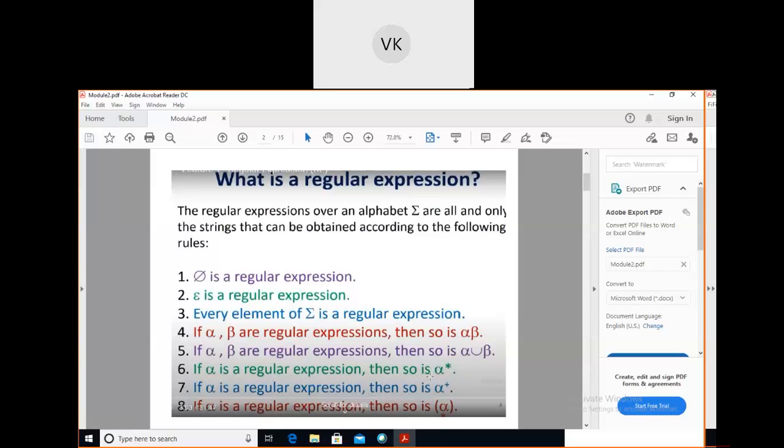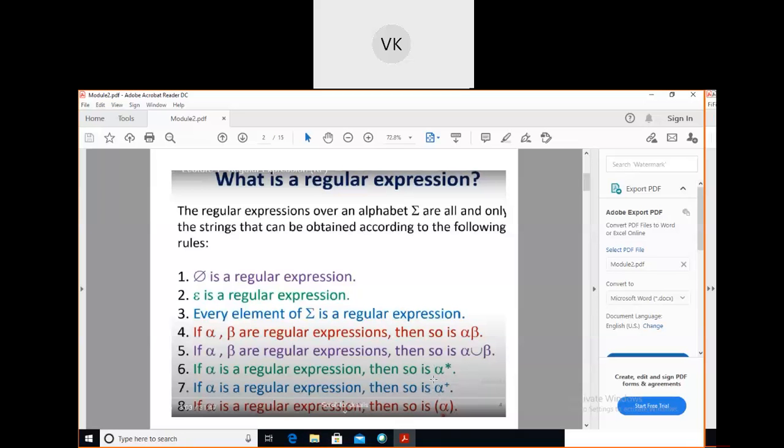The meaning of alpha raised to star is that it may have zero or many alphas, null or any number of times alpha. Next, if alpha is a regular expression, then alpha raised to plus means that it should have at least one alpha, one time or many times.